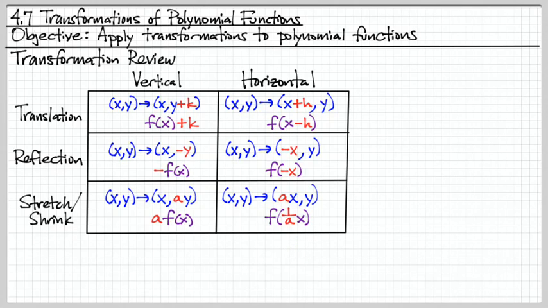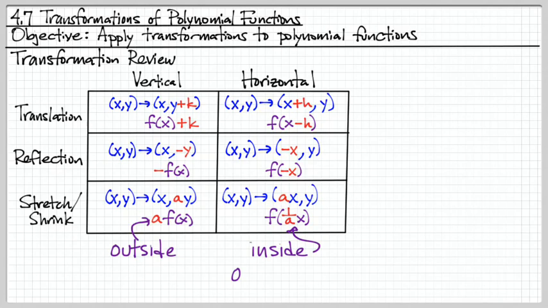So the takeaway here is that for vertical changes we're working outside the function, but in the case of horizontal transformations, we're doing things inside the function.